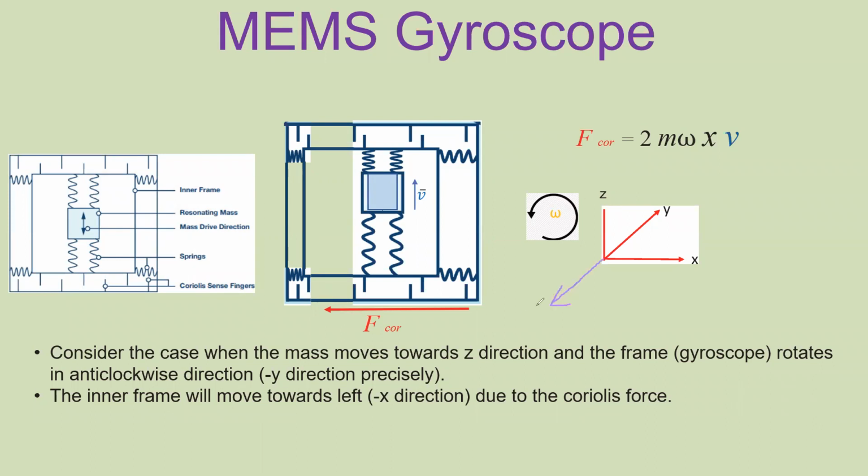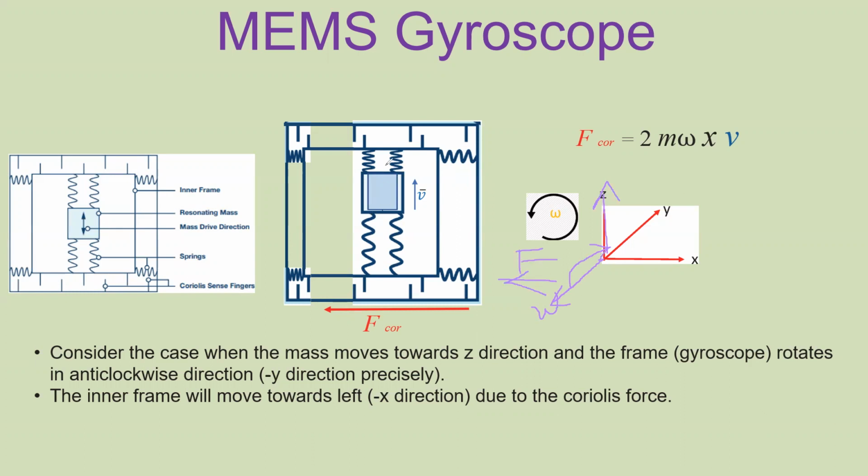This is the direction of omega, and this will be the direction of V. So when you curl your fingers from this to this, from the right hand rule, you will get F in this direction.